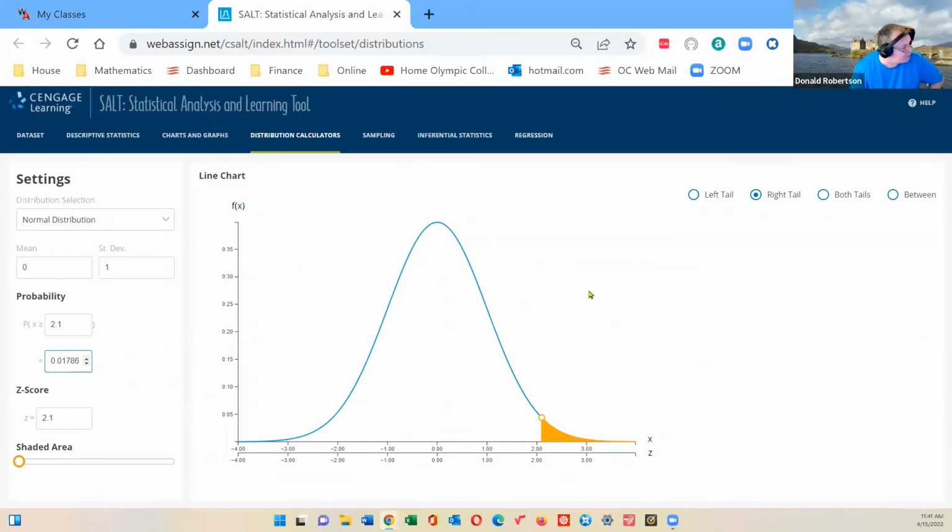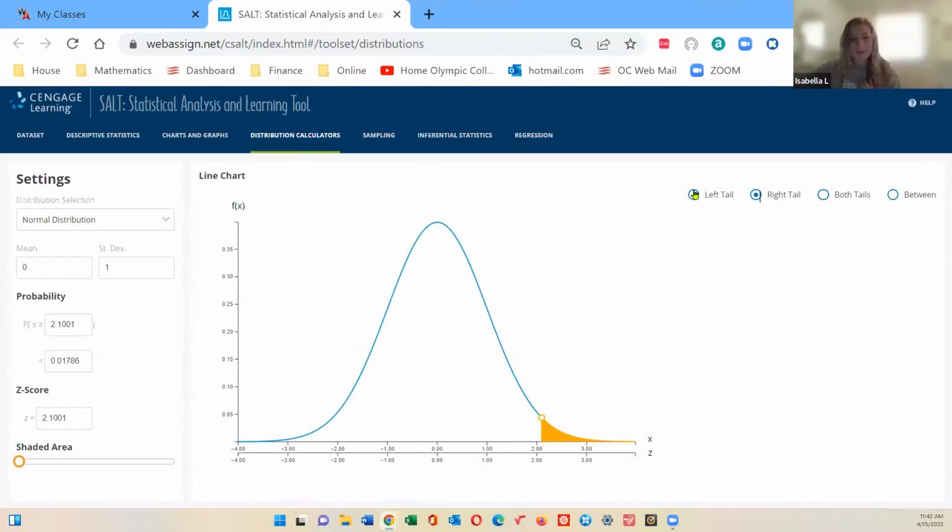Now, the second question I wanted was, what proportion of z-scores are less than negative 0.9? Which one of these do you think you're going to use to find less than? Left tail, right tail for less than?